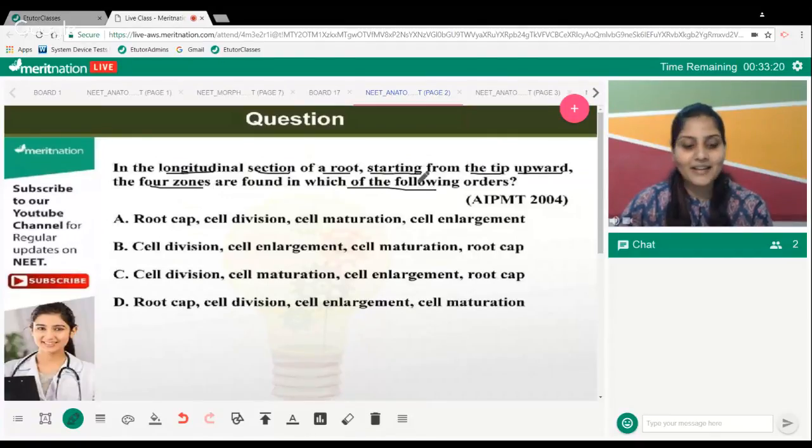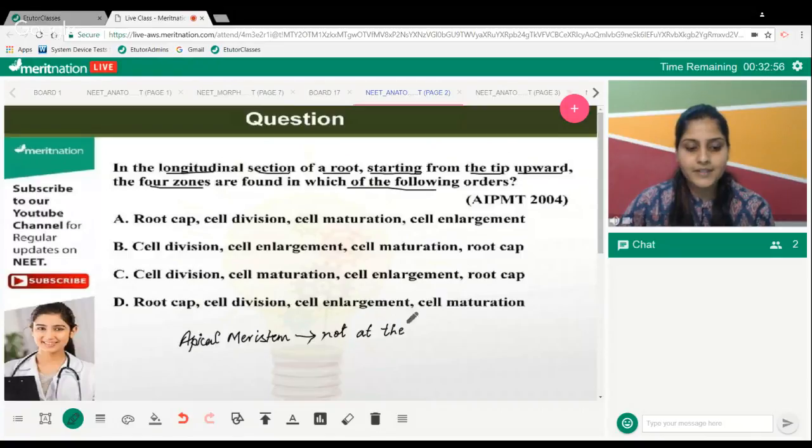I'm already getting certain answers. Now, before we talk about the options, you all must understand that in case of root, the apical meristem is not present at the tip. Can you tell me why it is not at the tip in case of root?